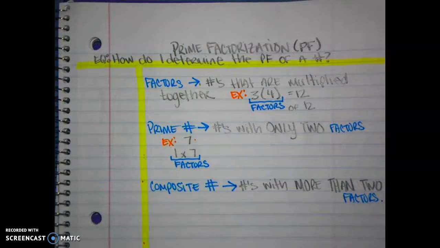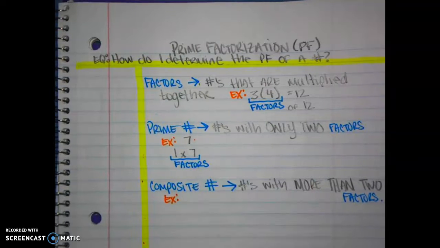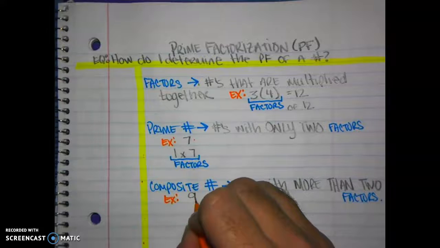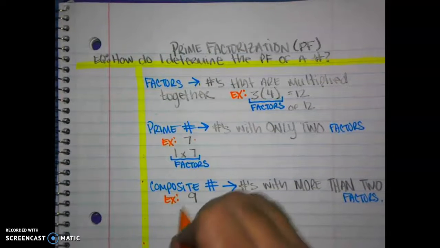So for example, one common number that people get confused with is 9. 9 is not a prime number because it has more than 2 factors.